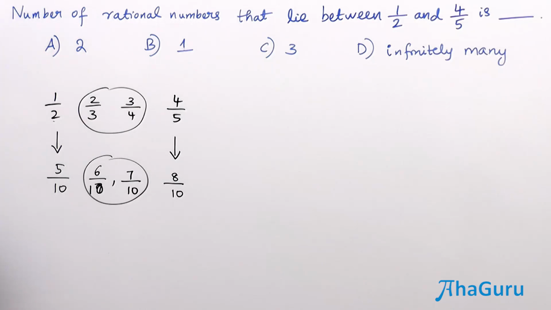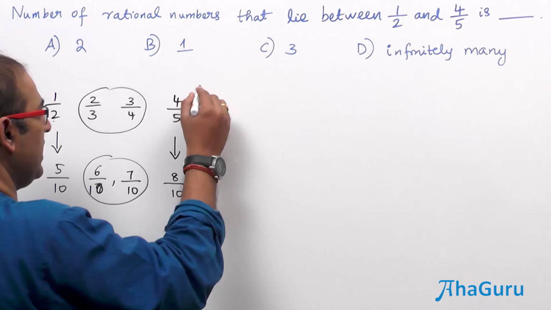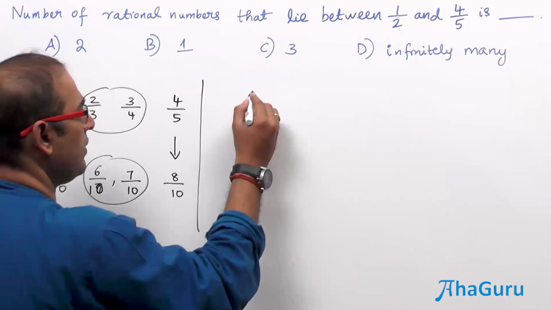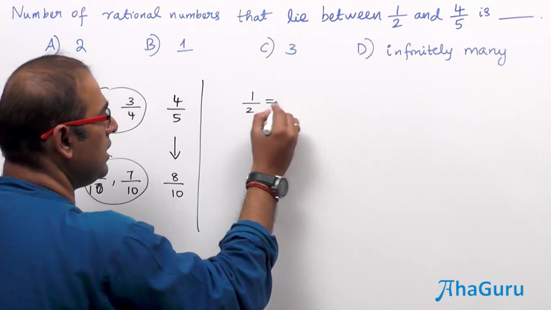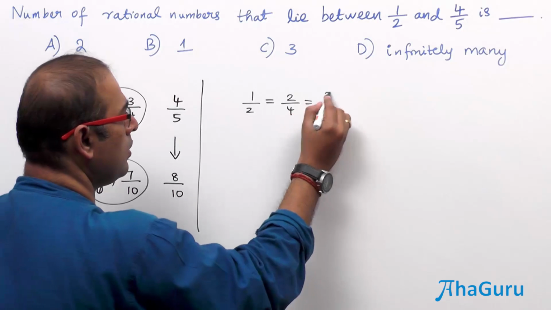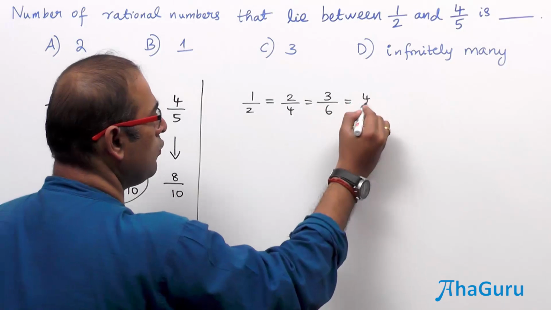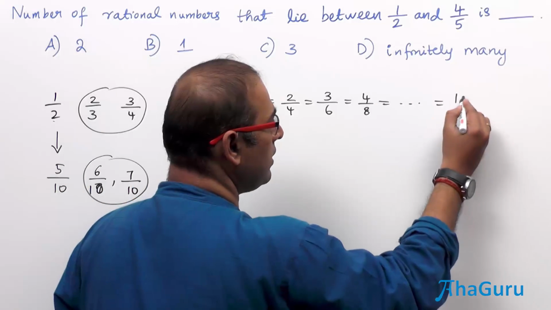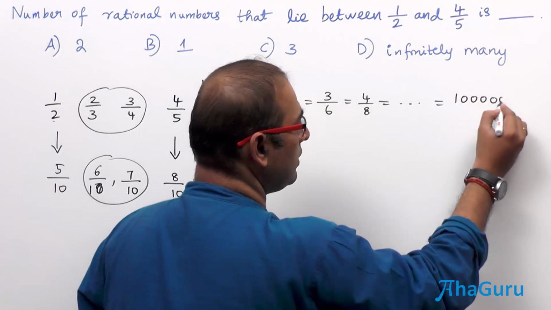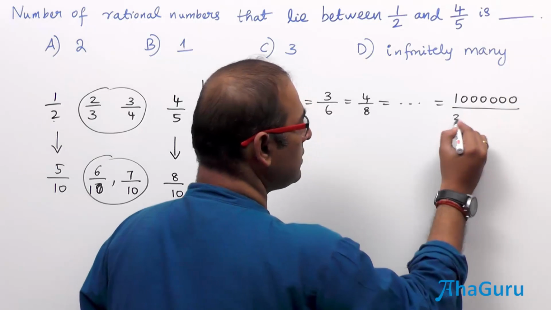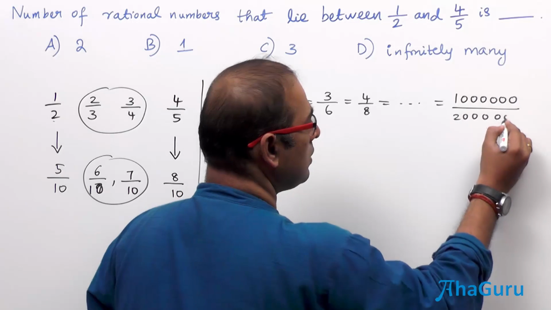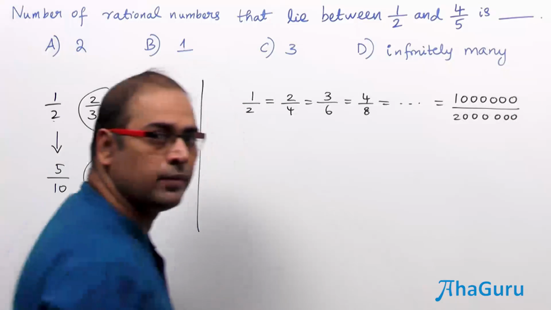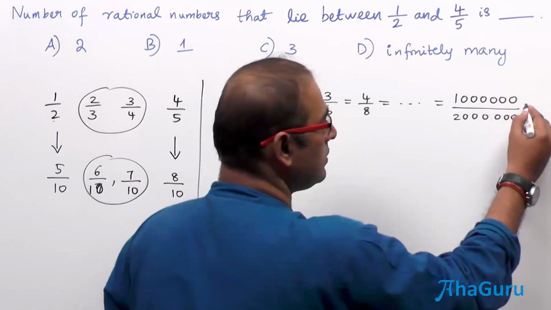So there are many ways it can work out, but you must understand that 1/2 is equal to 2/4, 3/6, 4/8 and so on. In fact I can write this as even bigger and so on. So there is no ending.